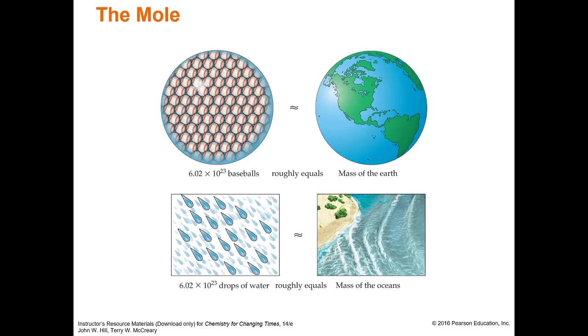If you had a mole of drops of water, it would be about the same mass as all the oceans on Earth. And so that number is an extremely large number because individual molecules and atoms are so small. So if we want to work with something reasonable that we could actually manipulate easily, we typically have to work in about a mole of the molecules or atoms.